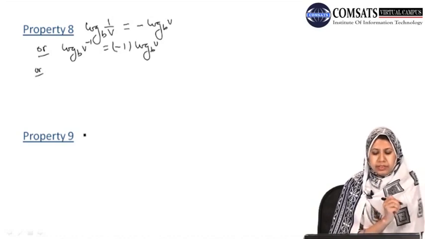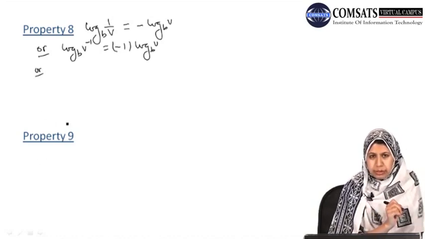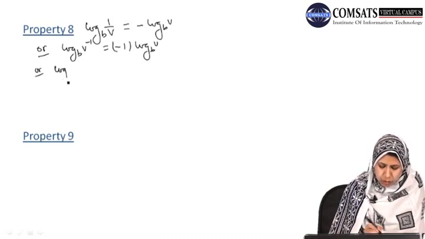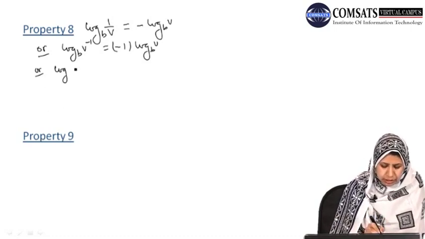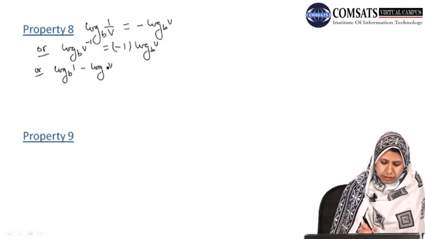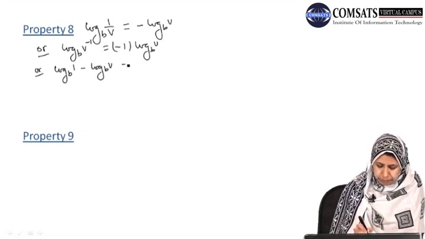Or to verify this, we can also use our property of log of the ratios, that is log of the ratio 1 over v is the same as log of 1 to the base b minus log of v to the base b.